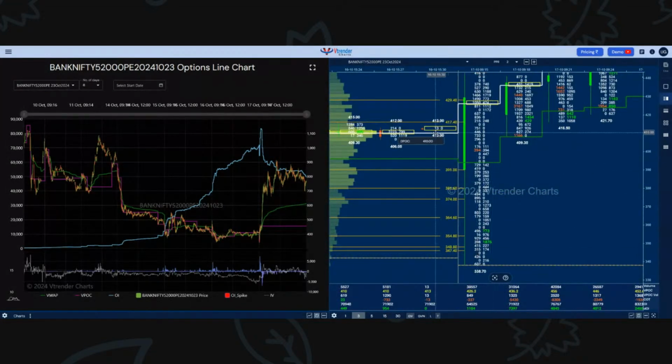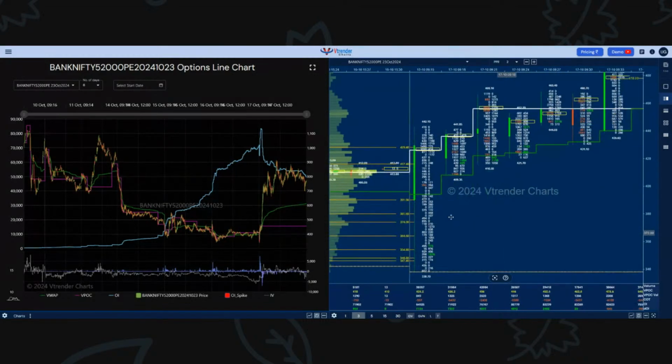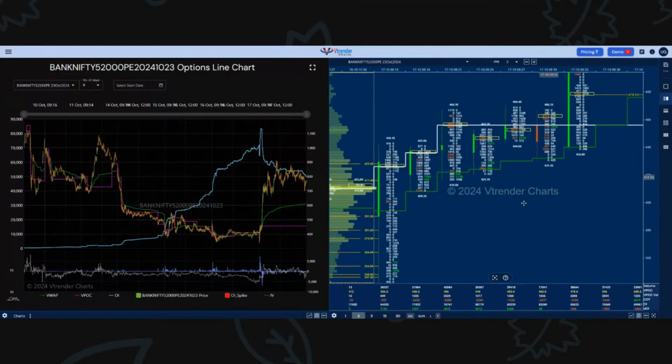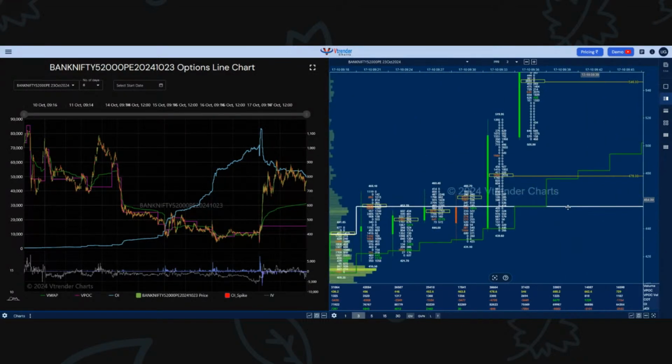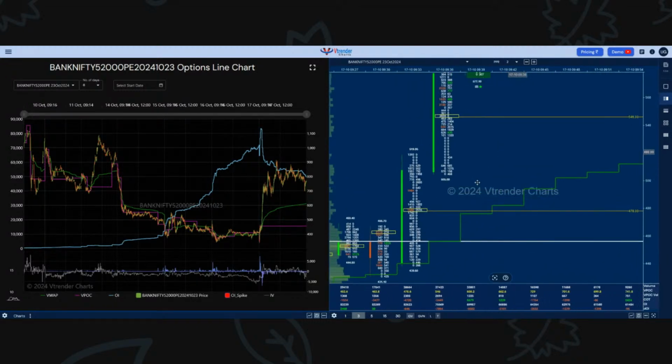So this is the POC of yesterday, and this is the VWAP. You can see how in the opening bar itself we opened above both of them, and we remained above that level, and we went on to climb higher. So this became our reference, 478, which you can use as your trailing stop loss. When you have a trending move, these POCs give you very important references.